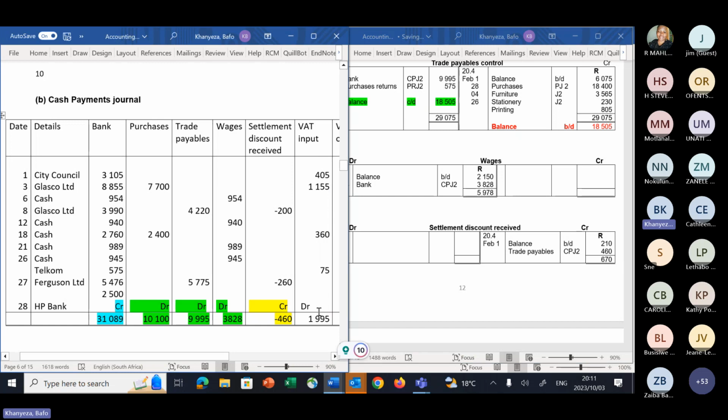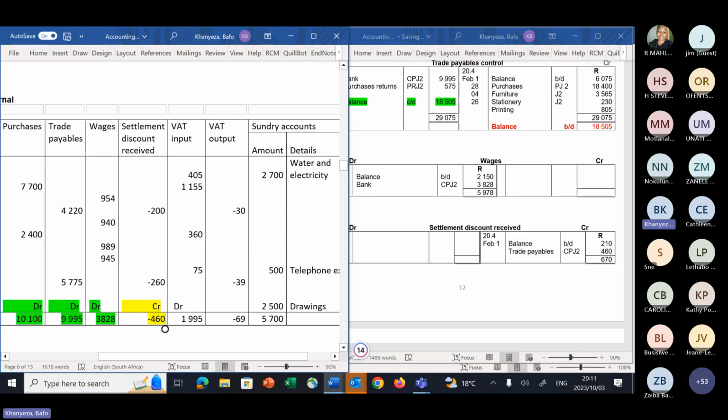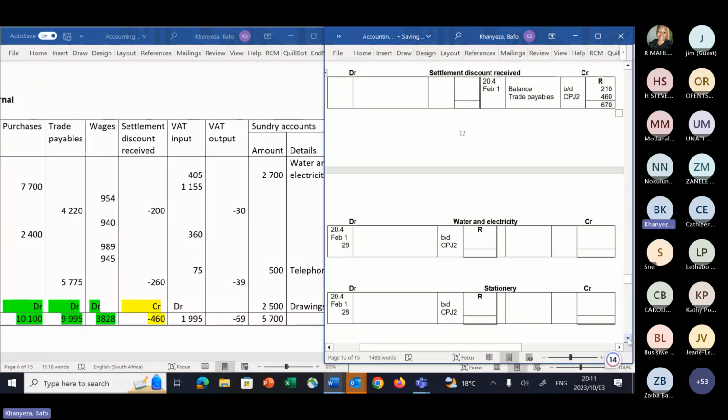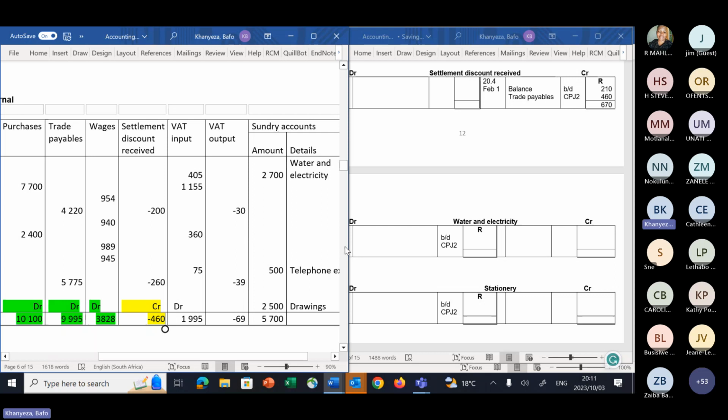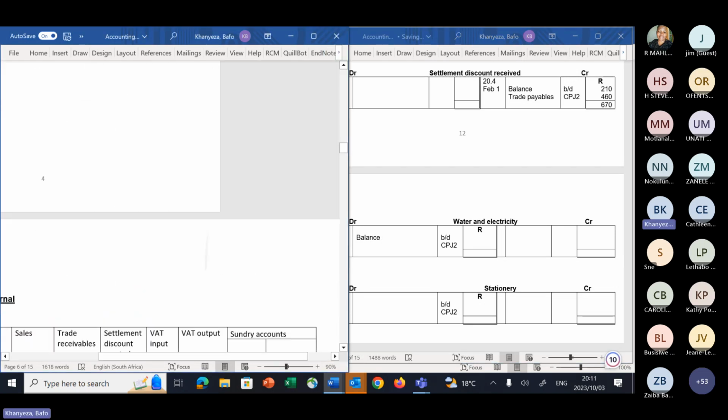Then we move on to, we'll end with the VAT input. Then there are these sundry accounts, water and electricity. Once we're done with sundry accounts, we'll then jump to VAT. Sundry account, it's water and electricity, 2,700. Balance brought down of water and electricity.